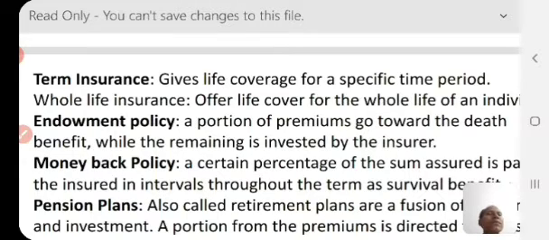In the investment instruments, some portion of the premiums will be invested by the insurance company.